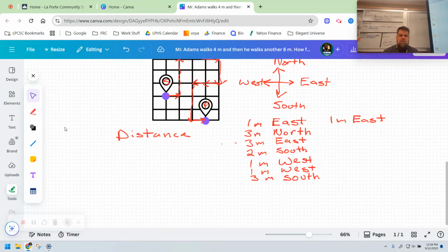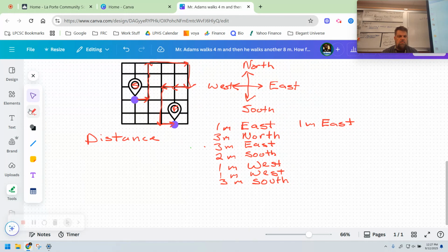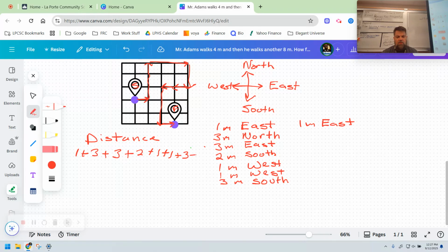The distance, I'm just going to add all these numbers up. So I have 1 plus 3 plus 3 plus 2 plus 1 plus 1 plus 3 plus 1. That's how many meters I've moved, right?